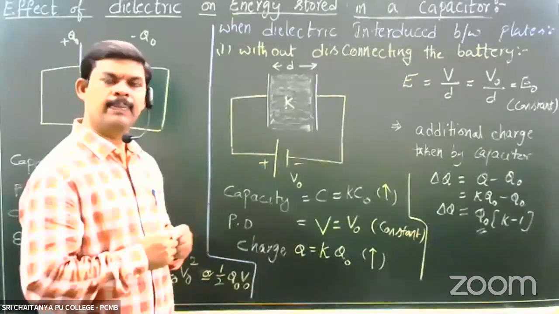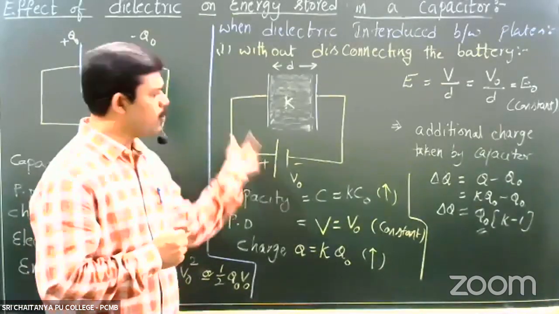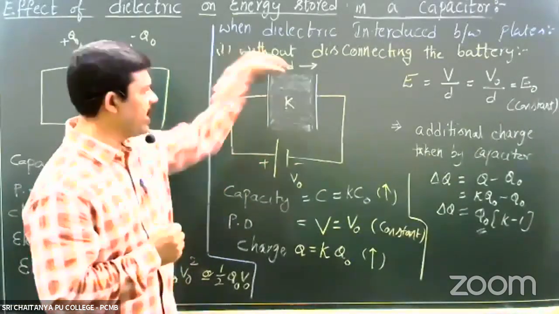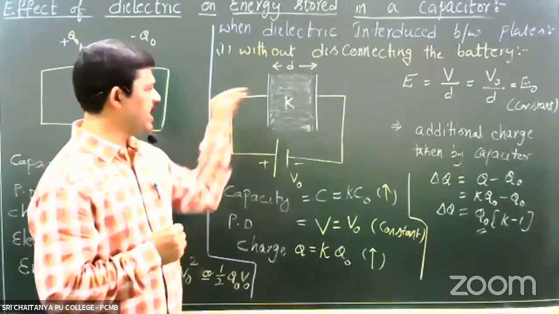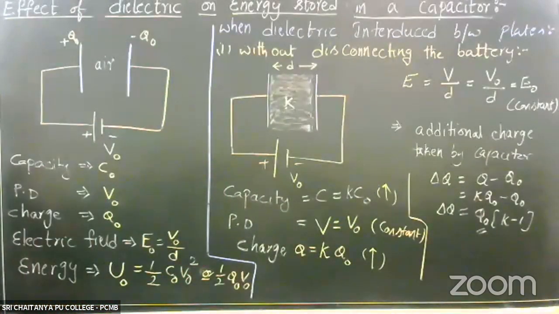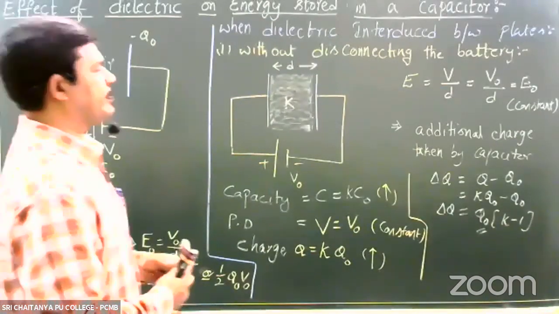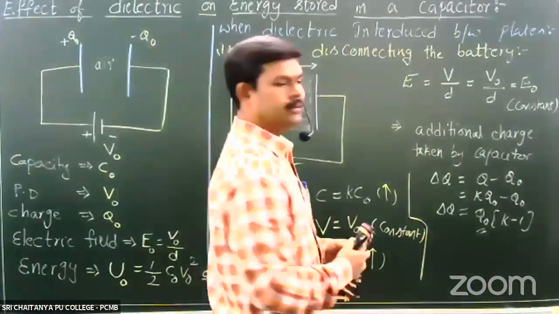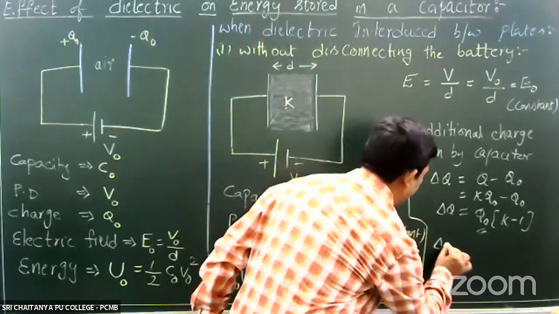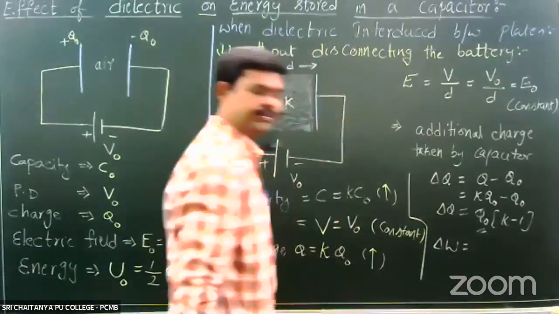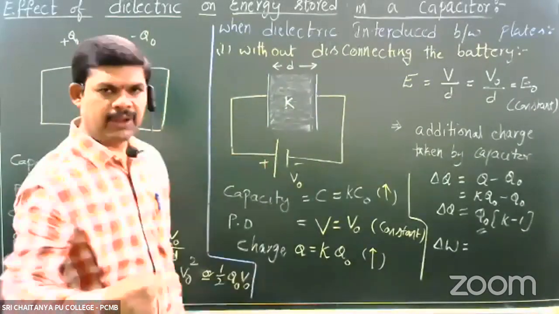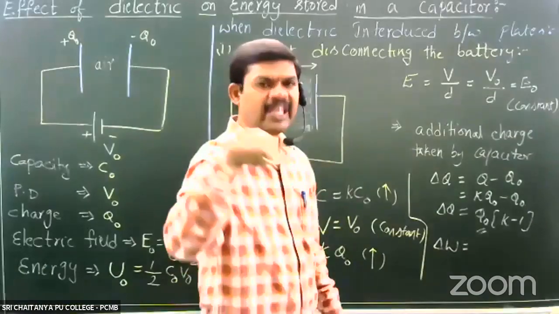On the same, what is the additional work done by the battery in giving additional charge? Work done by the cell or battery, you know, is QV.